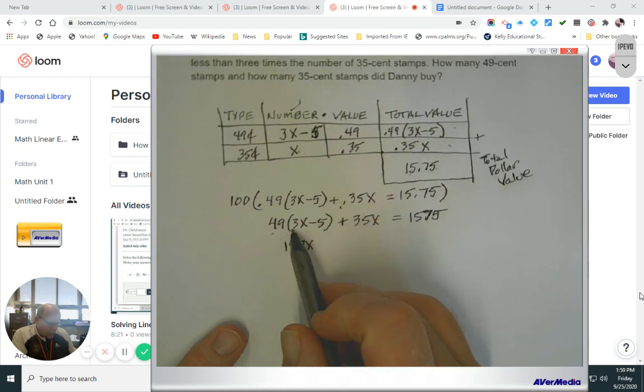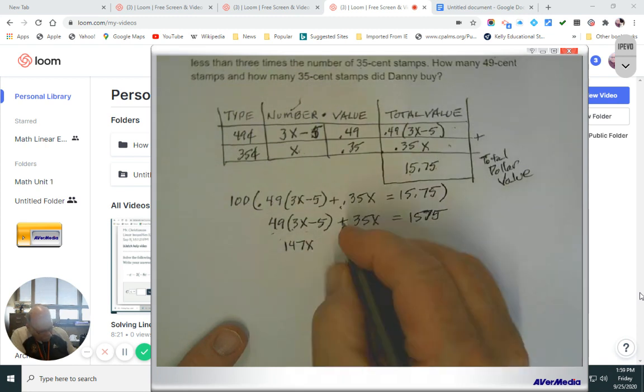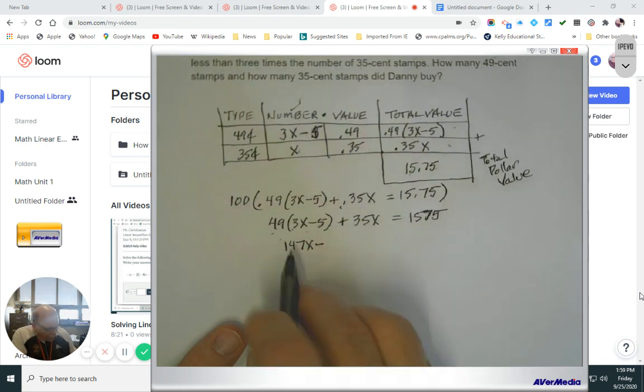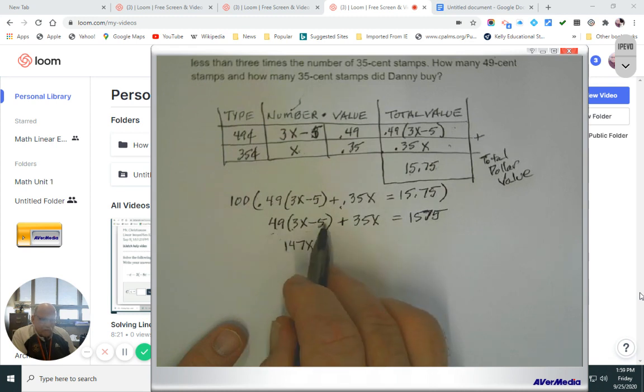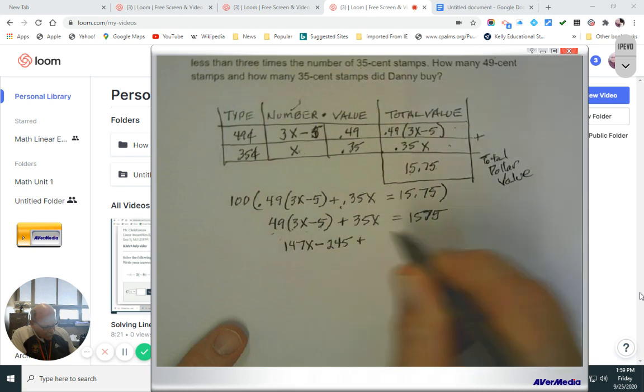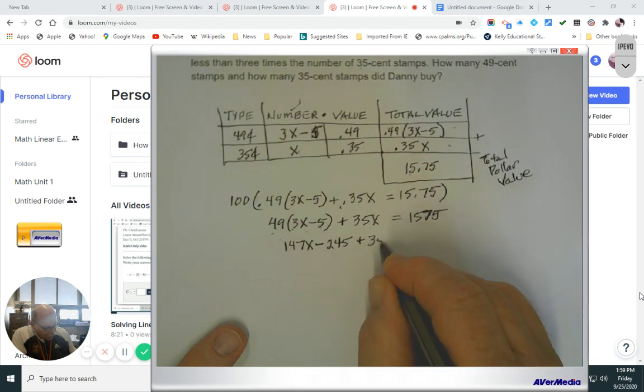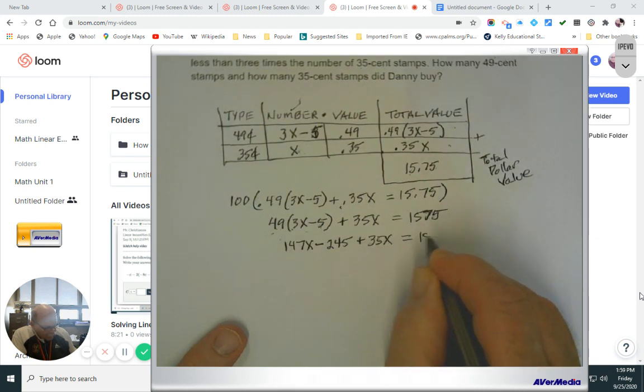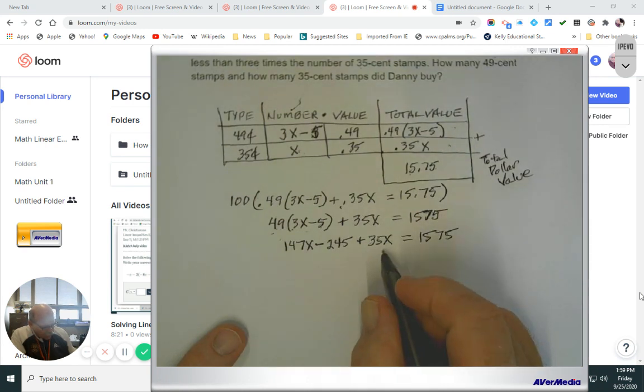So 49 times 3, that's 1 less, so it's 147. And then I know what 5 times 50 is. It's 250. Well, if I take one of those 5s off, it's 245, plus 35x equals 1575.